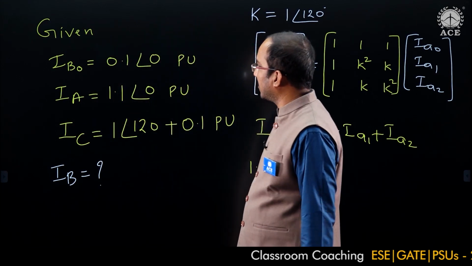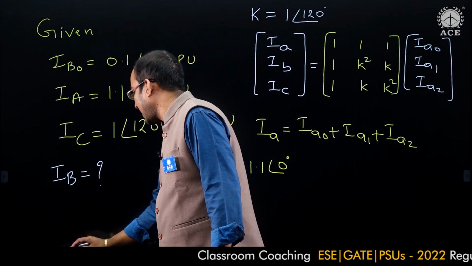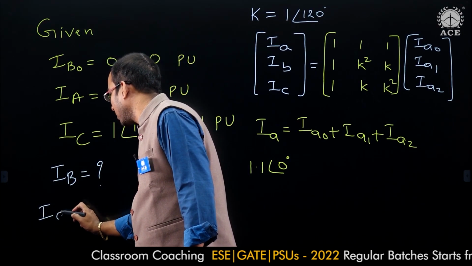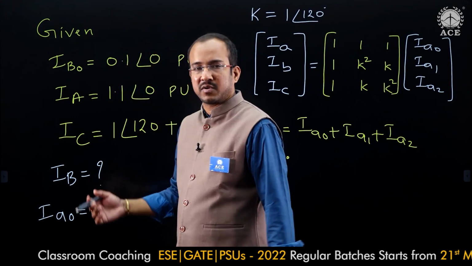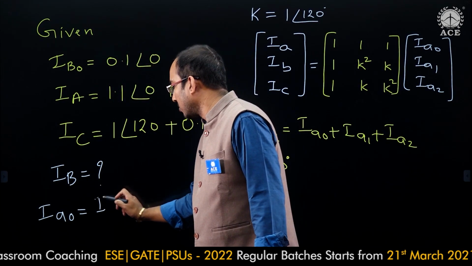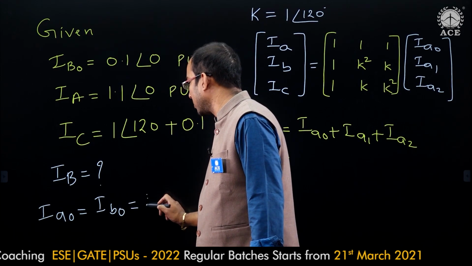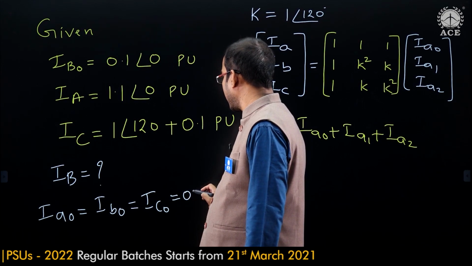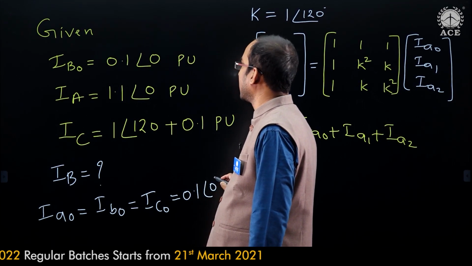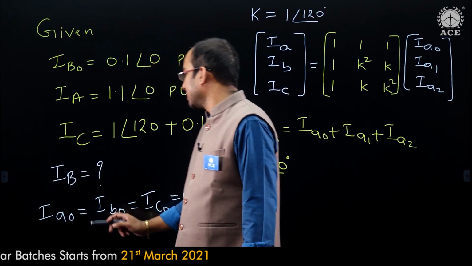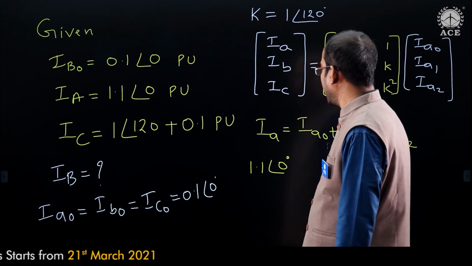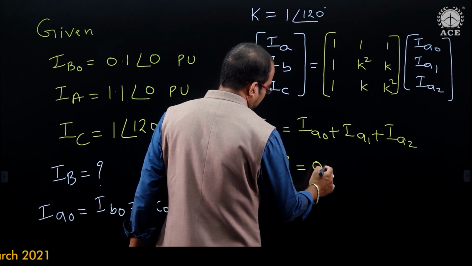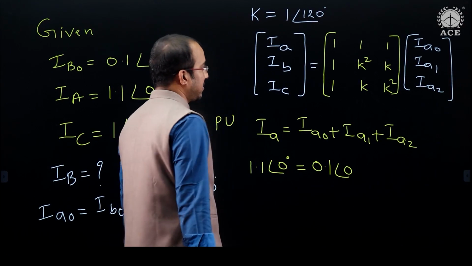IB naught is given as 0.1. As we know, all the zero sequence components of currents are equal: IA naught equals IB naught equals IC naught, that is 0.1 at an angle of 0 degrees. Now, we can substitute IA naught as 0.1 at an angle of 0.